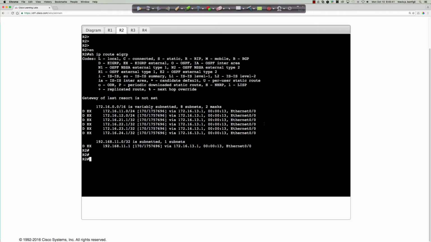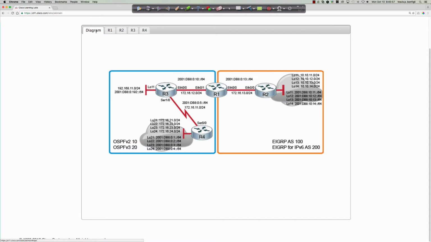Okay, so now we are going to do the OSPFv3 information. So the IPv6 information is now going to be redistributed from OSPF, and this is process ID 20, and we're going to redistribute that information into EIGRP.